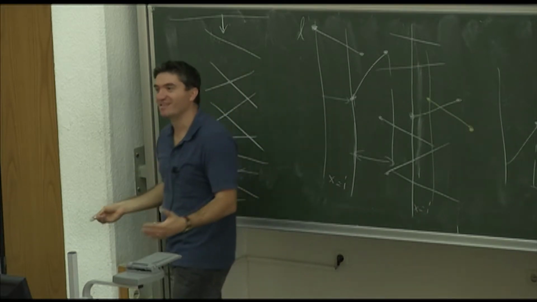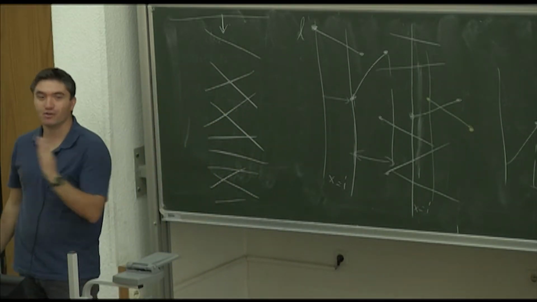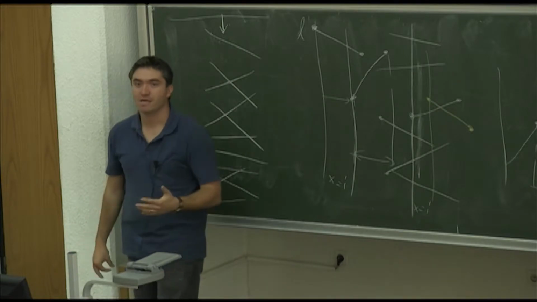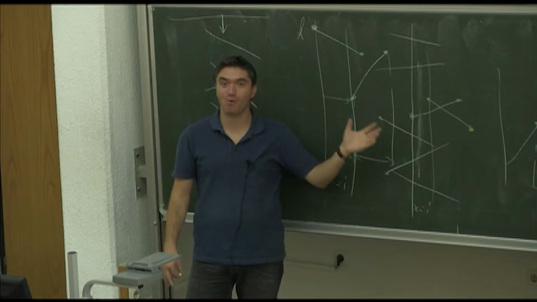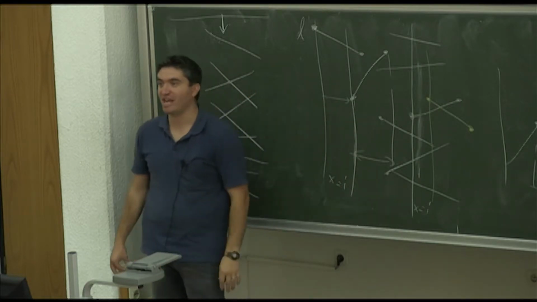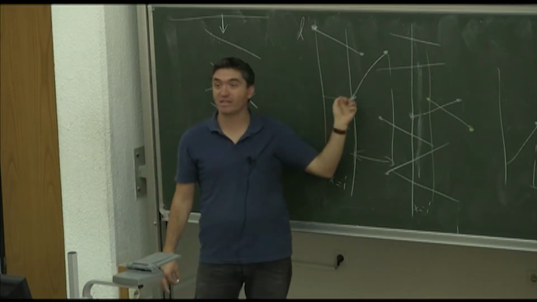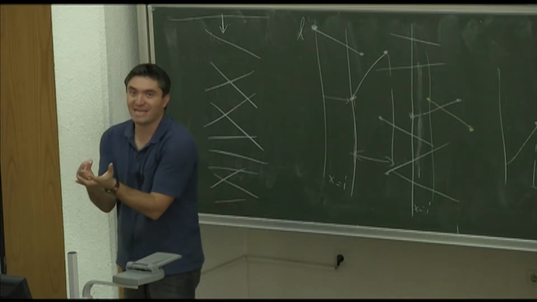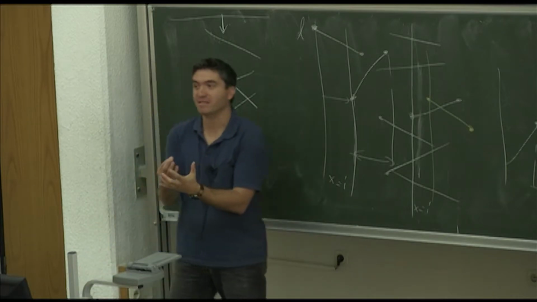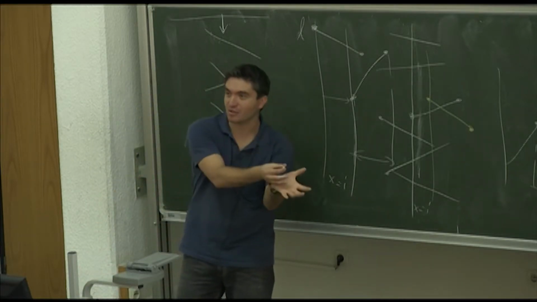So this suggests that instead of a continuous sweep, we can sweep the plane on discrete events, discrete points. The only thing that changes is that at the end points of these line segments, when you see a beginning point of a line segment, you add it into the status structure.